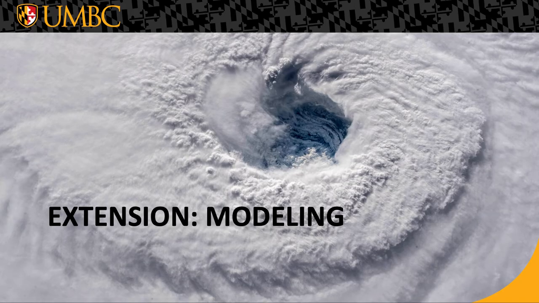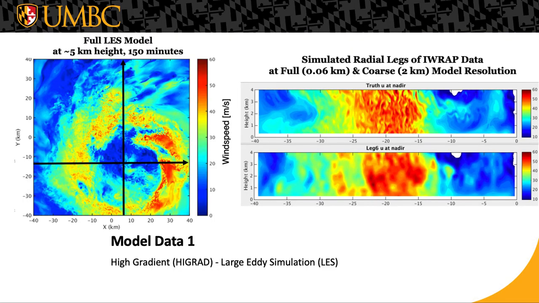So I'm a bit over time, but as an extension here, the LES, Large Eddy Simulation Modeling extension, I can dive into very quickly. In 2018, we had some work regarding the coarse versus fine scale LES resolutions.